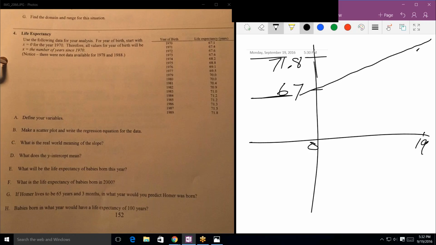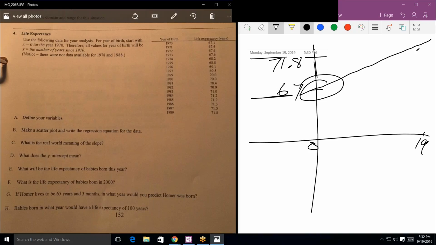And I think you can probably figure out the rest of these. What the y-intercept means is what your life expectancy was if you were born exactly in 1970. To figure out babies born this year, you'd have to go out way beyond 19. You'd have to go out to 46 on the x-axis, which would be the year 2016.